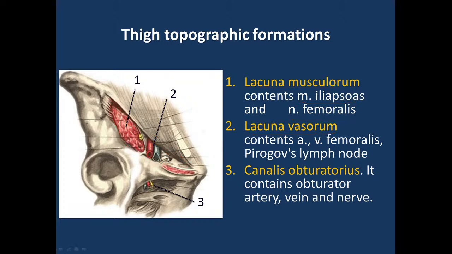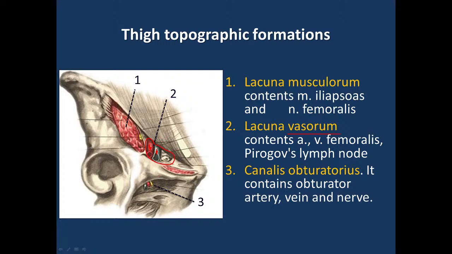But the vasorum lacuna is called that because it contains the femoral artery here and the femoral vein here. Vasorum means vessels, so lacuna vasorum might be called the lacuna of the vessels.